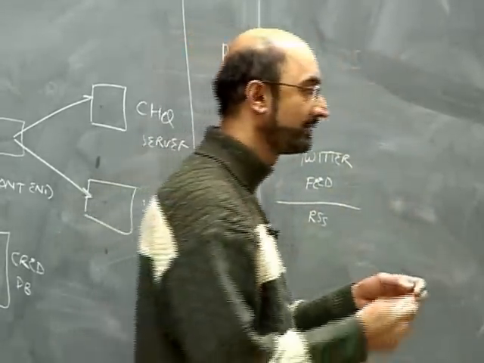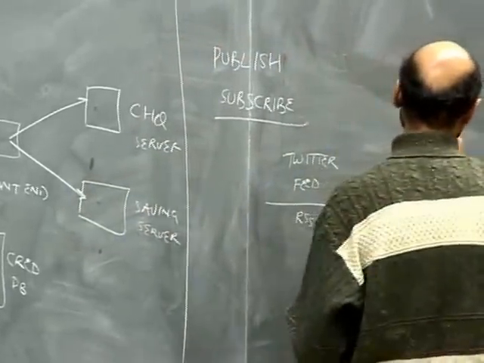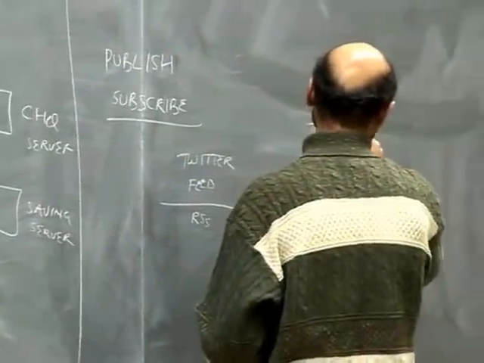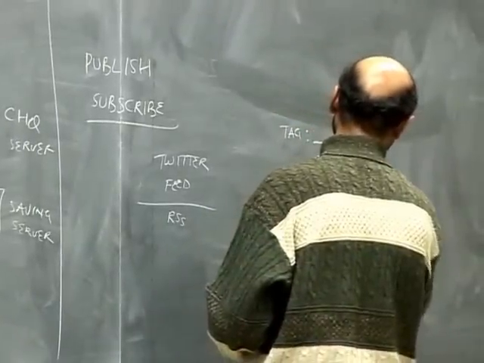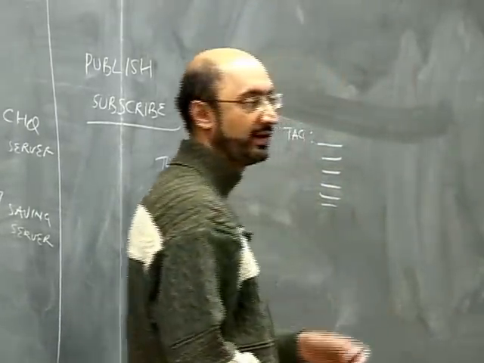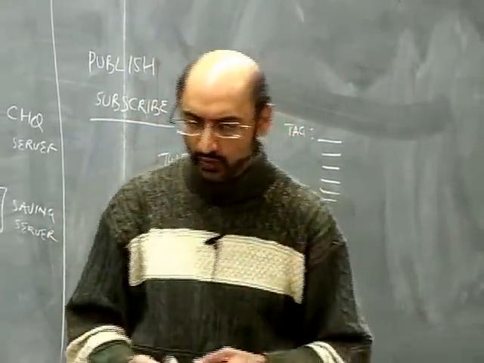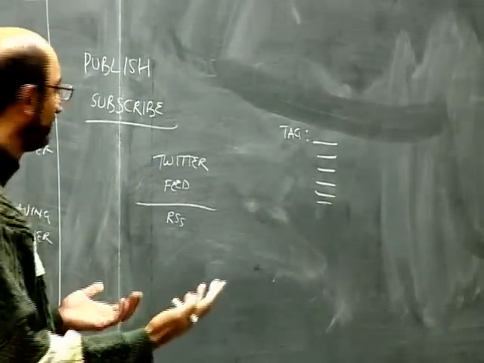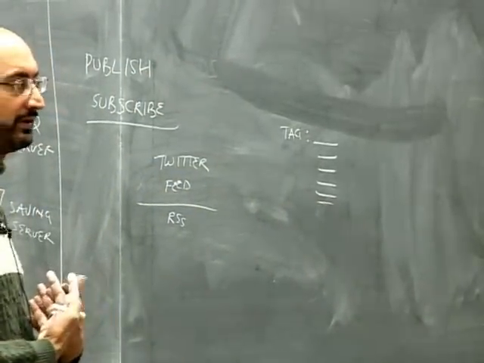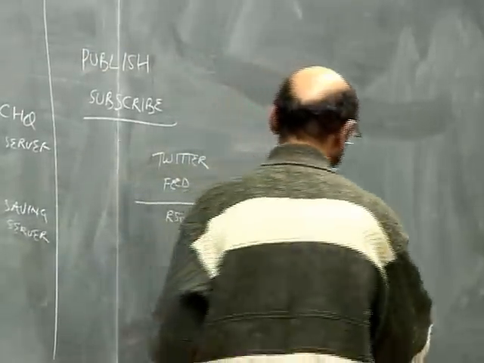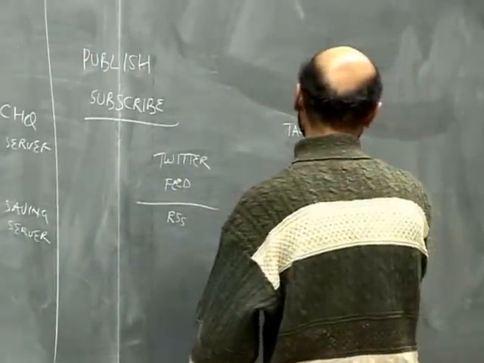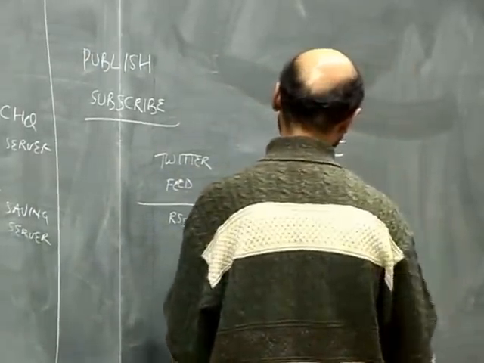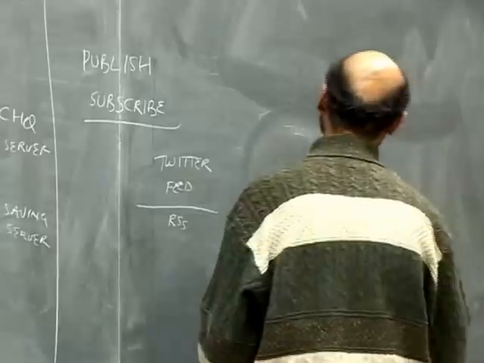So essentially you have some kind of tag, you have a bunch of things coming out with the tag, and then you can choose to subscribe to one or more tags, and whatever you choose to subscribe to will give stuff to you, okay? So one way of thinking about it is that we can think of tag one having a set of things coming out of it, and maybe I'll draw it slightly differently.